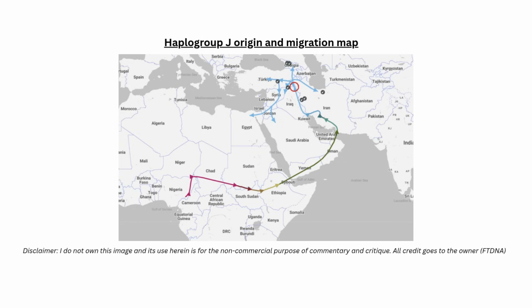It shows the migration out of Africa, and as the color of the line changes, each different color represents a change in haplogroup or a mutation that created a modification in haplogroup.